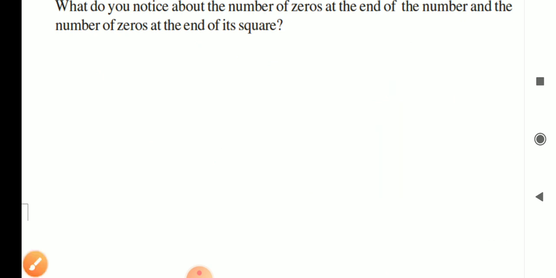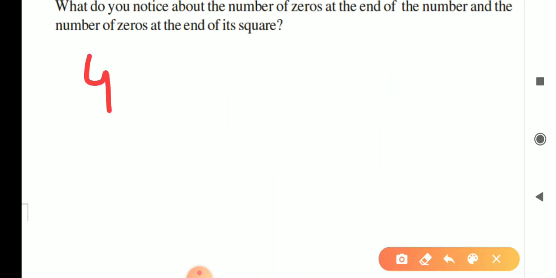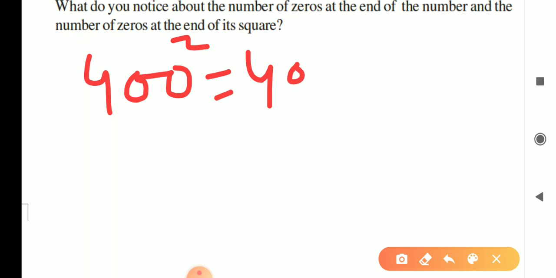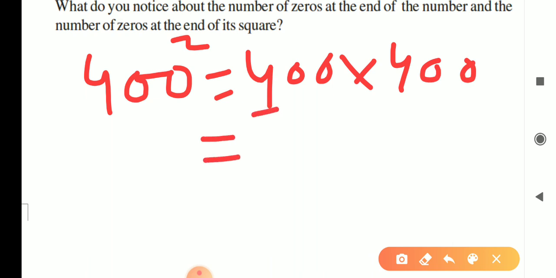Now I am taking another example. Suppose 400. The square of 400 is equal to 400 into 400. First you have to multiply 4 into 4, that is 16.